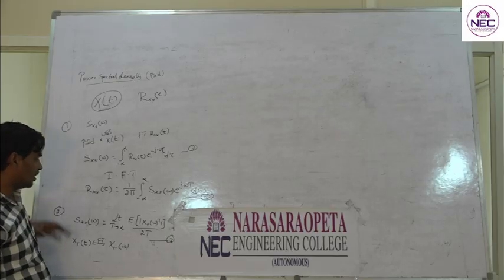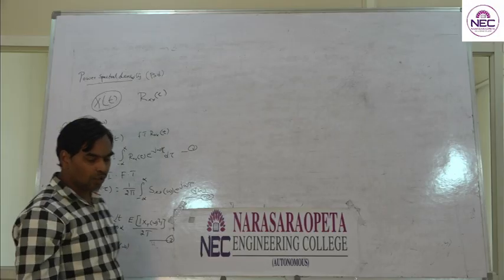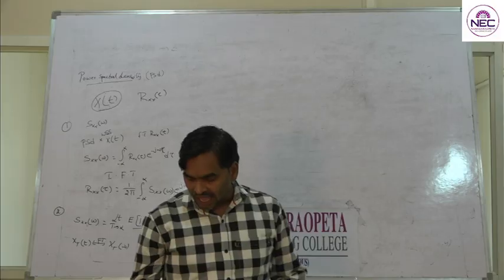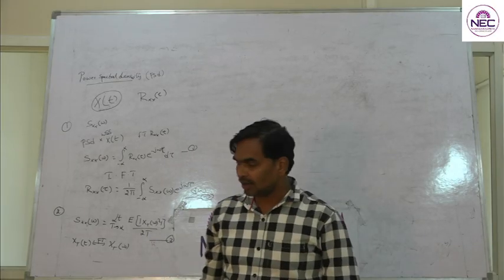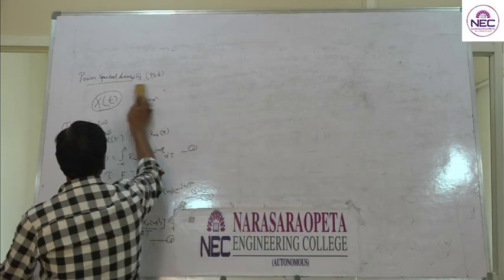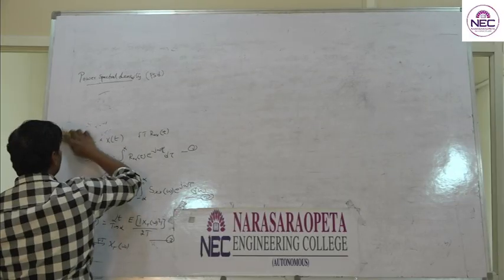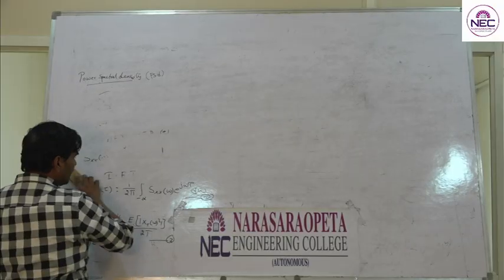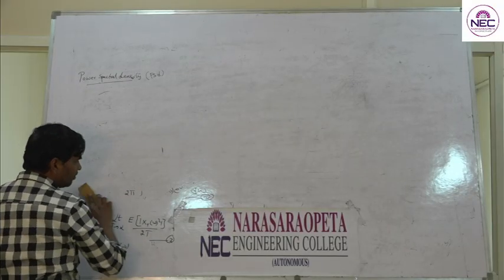By using these definitions we are going to measure the average power of a random variable using the power spectral density formulas. So let us derive the average power.